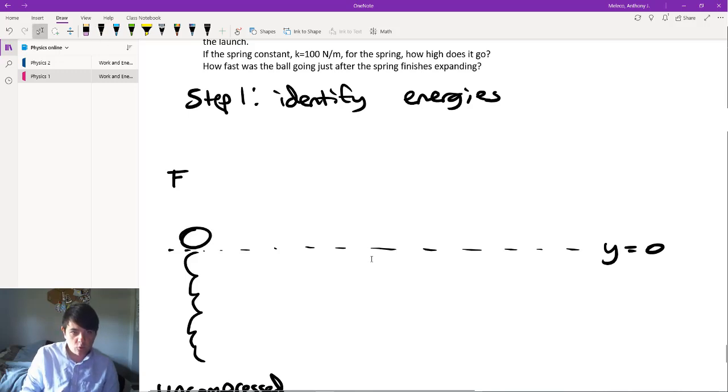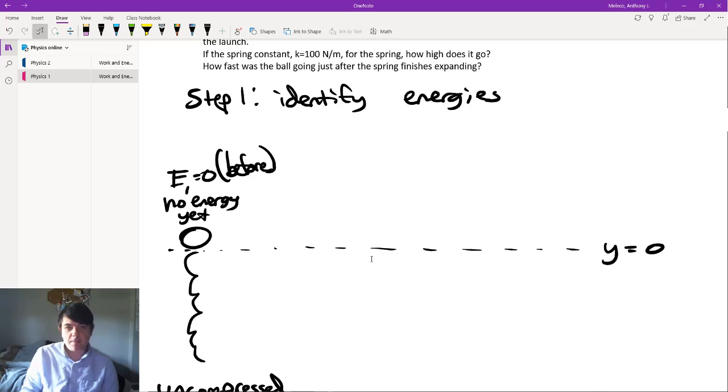And I'm going to say this is 1, and I'm going to say no energy yet. The main reason I'm writing this down, so you have the ball on the spring but you haven't compressed it, is because I want to set the 0 point here where the spring isn't compressed.